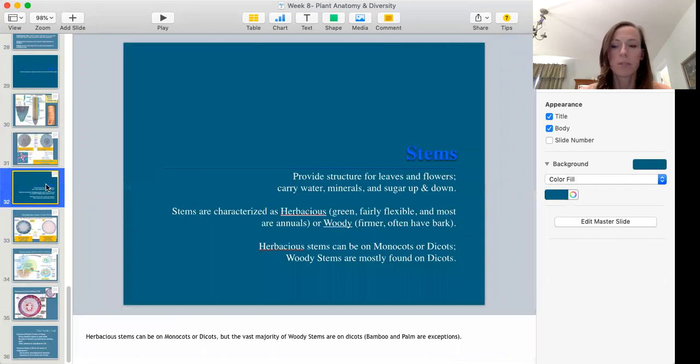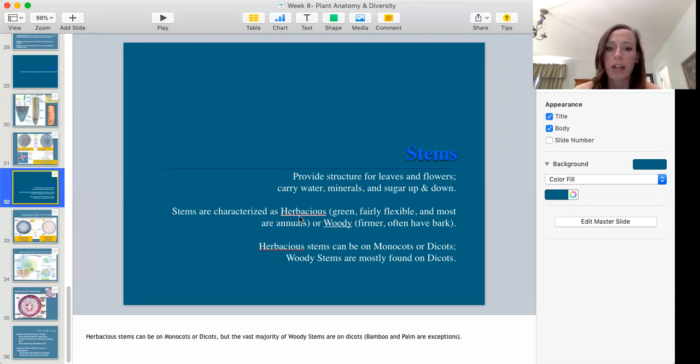All right, let's move on to stems. So stems, we know they provide structure for the leaves and for the flowers. They carry water, minerals, and sugar up and down. They can be characterized as either herbaceous or woody. So herbaceous stems are green, flexible, mostly found in annual plants, which will die off and reform year after year.